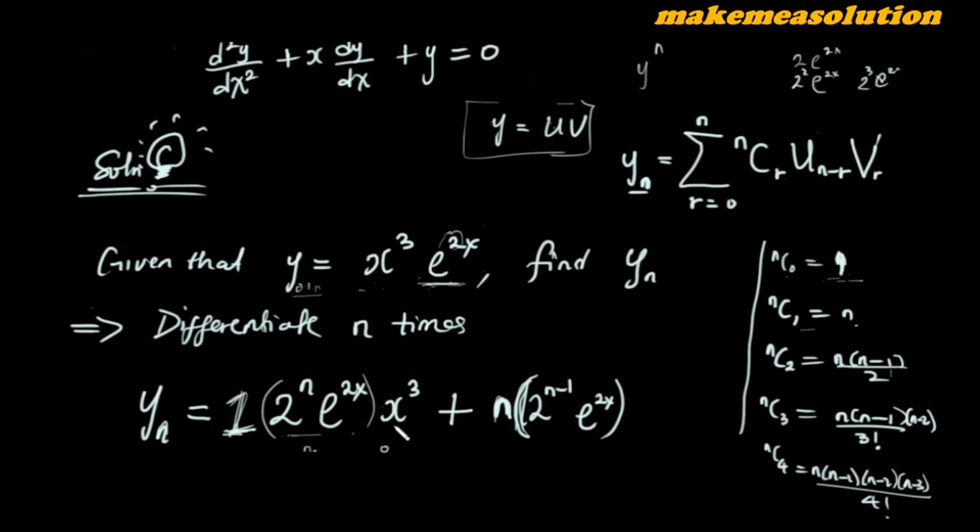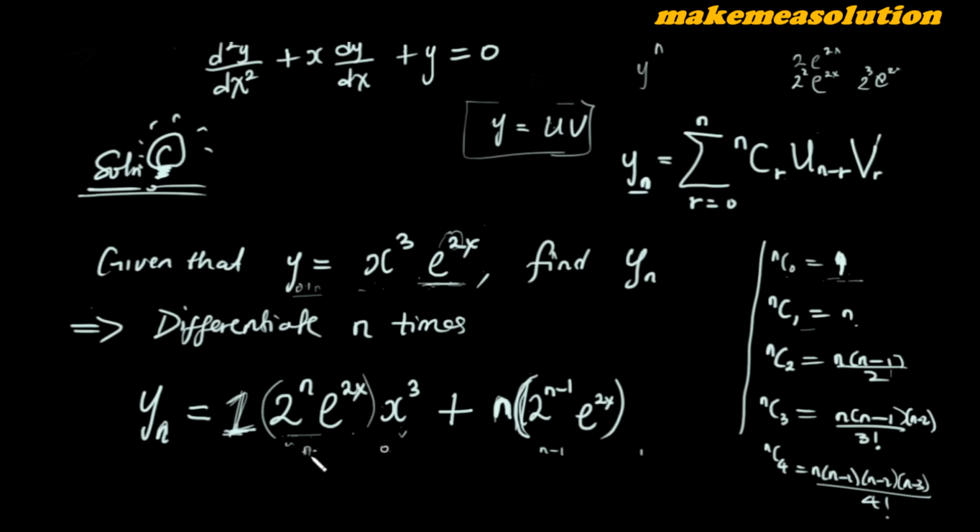This is your v and this is your u. In this case, you're differentiating your u n minus 1 times. That means you need to differentiate your v 1 time. So in all terms, if you add the number of times you differentiated u plus the number of times you differentiated v, it must amount to n. That's the secret.